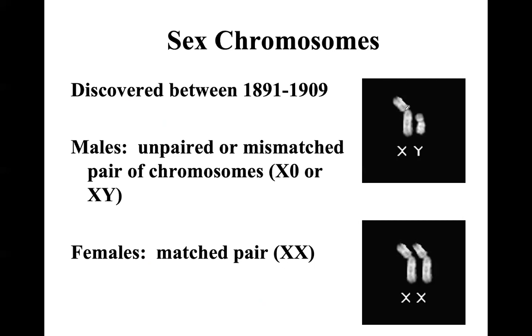And so the genes on the X chromosome are part of our physiology that in many cases have nothing to do with sexual function or sexual features, organs, secondary organs. They are just regular aspects of physiology because we all have them.